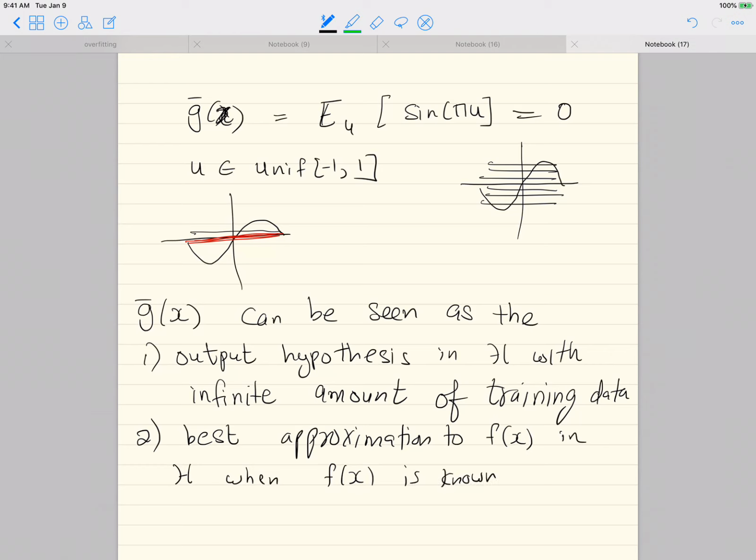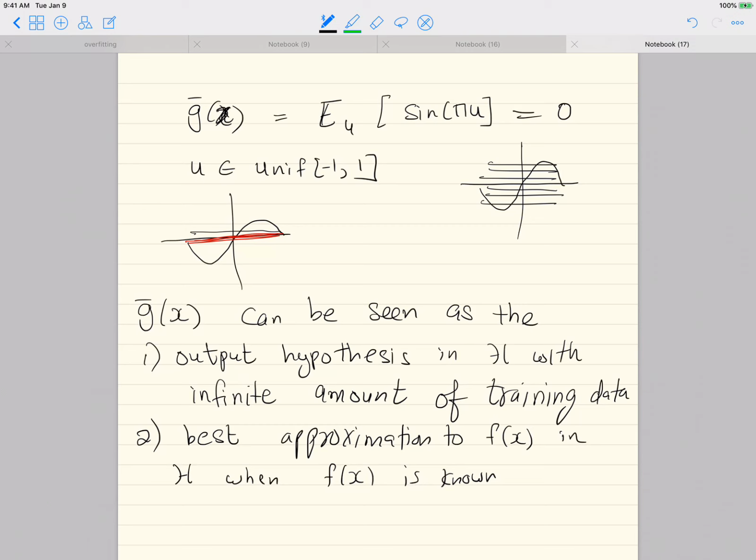These are equivalent statements. If I had infinite amount of training data, but I was restricted to just drawing constant lines, then this would be the output, g bar of x. Or equivalently, if I knew f of x, but I was only allowed to approximate it with a constant line, then I would still have to use this 0. So that's the intuition.